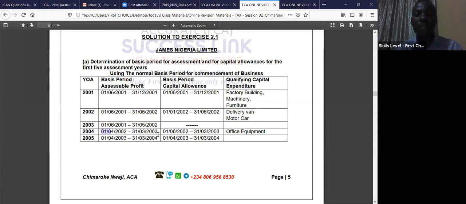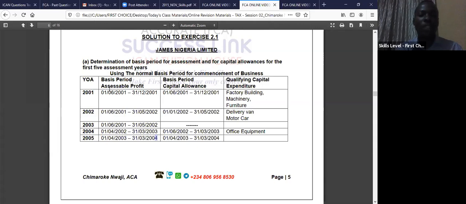Remove 1 year from here, so that is how we got here. So all you need to do in the next year is to bring the same date, increase the year, bring the same date, increase the year. That is how you'll keep doing it until you get to the change of account or you get to the ultimate year. So if there is no change of account, it will be going like this from 1st of April to 31st of March.